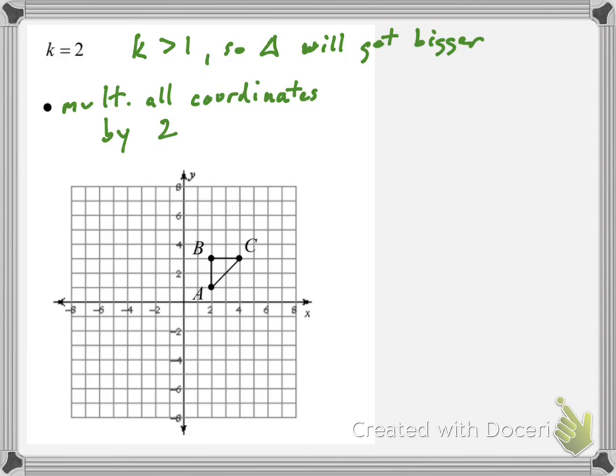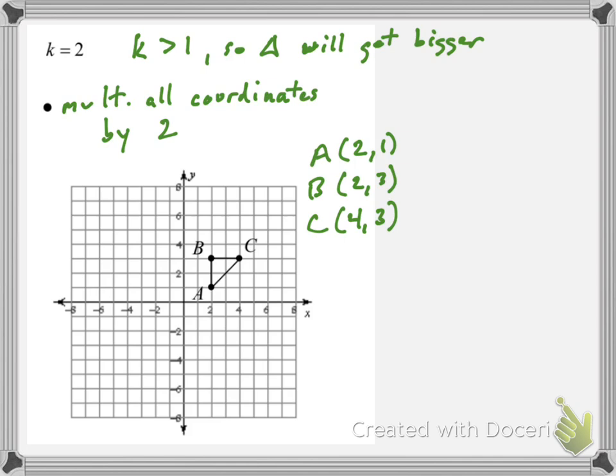Okay, so I've got A, B, C. A is 2, 1. B is 2, 3. And C is 4, 3.